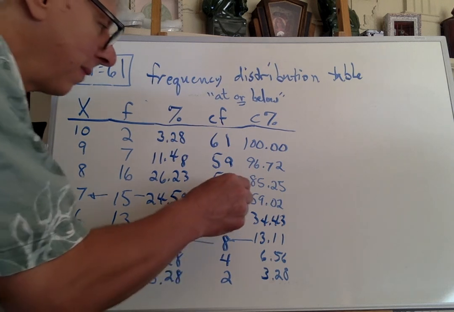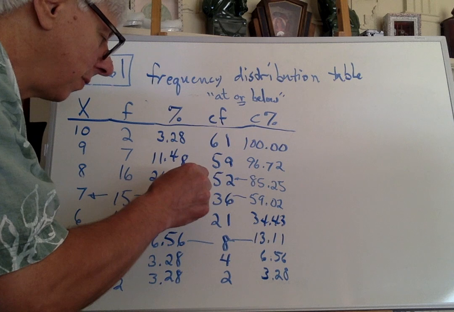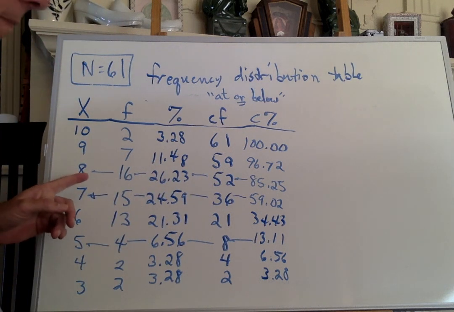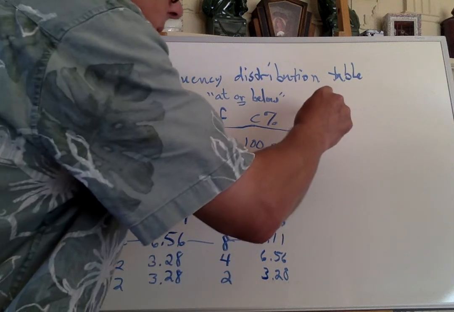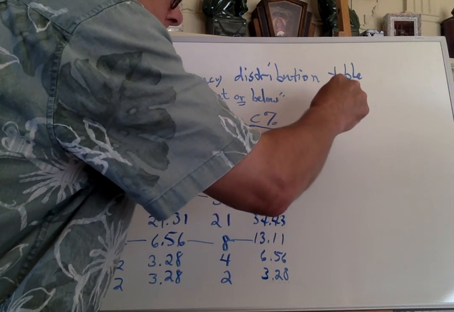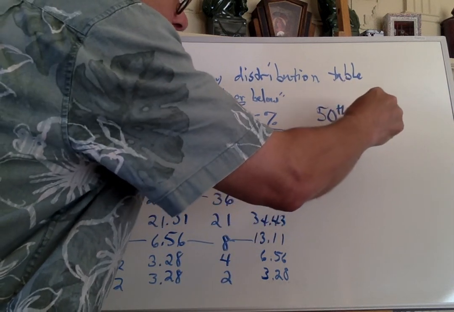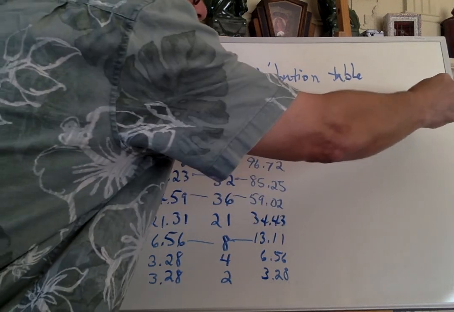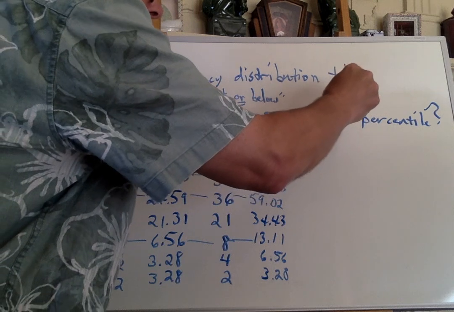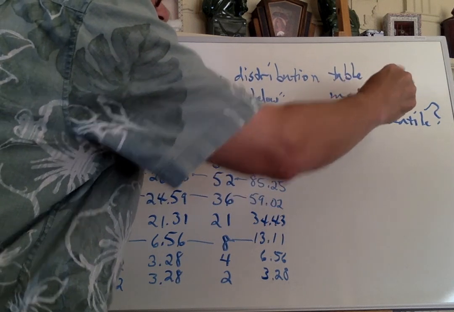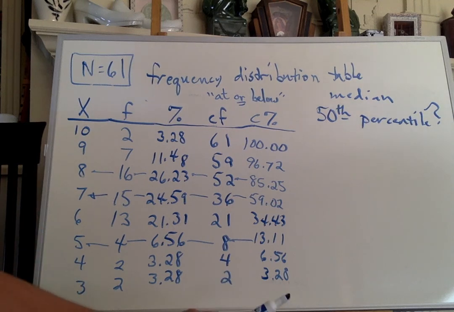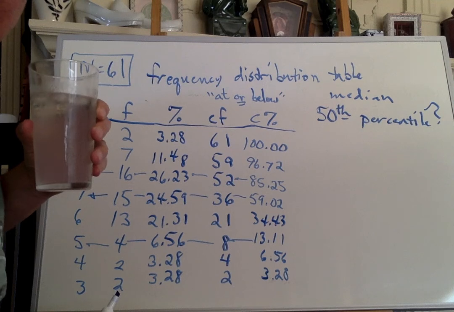If I ask you where the 85.25 percentile is, you could tell me it's 8. But in this case, I want to know what the 50th percentile is. I want to report the median, and I can't just see that from my table.